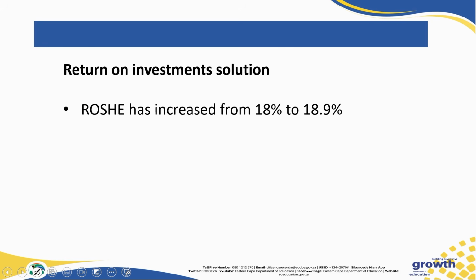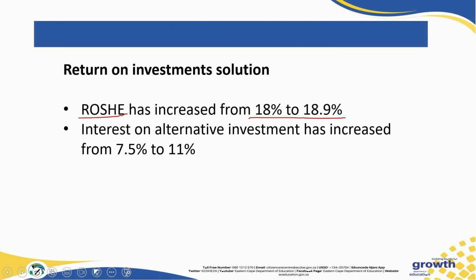So if we have a look, in this company, our return on shareholders' equity, our ROSHE, has increased from 18% to 18.9%. If we look at the interest on alternative investments, so remember we must always compare, that also has increased. Last year it was 7.5%, this year is 11%.